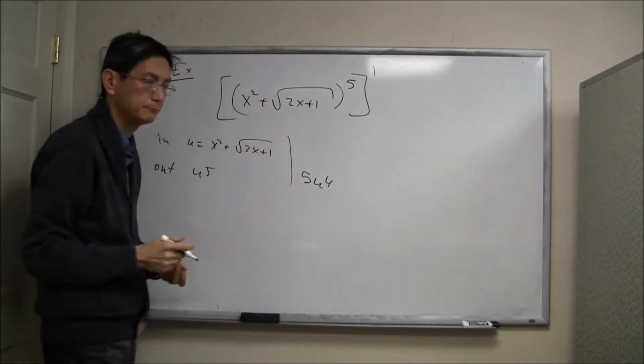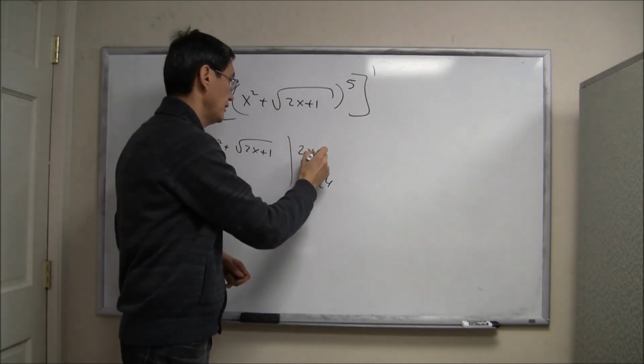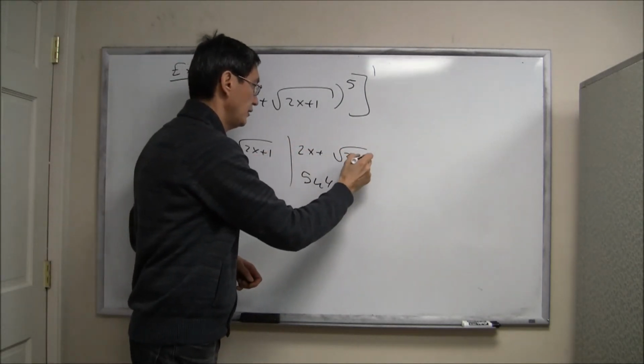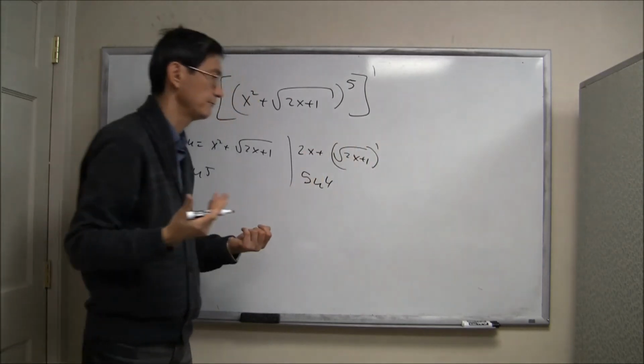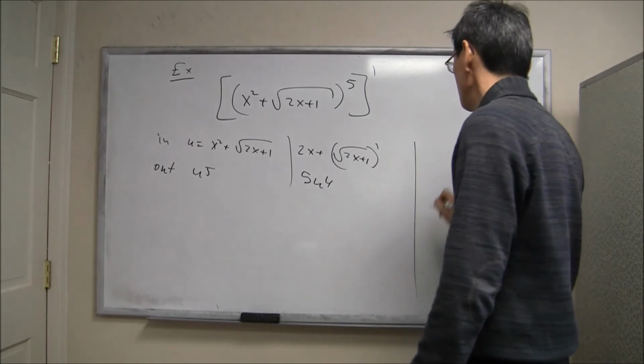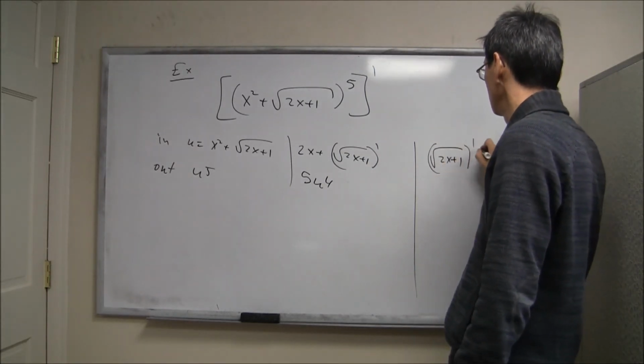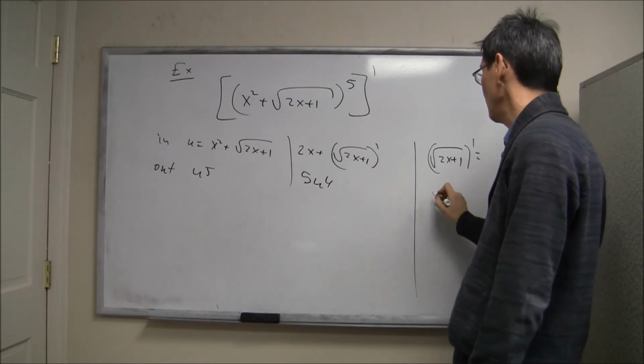5u to the 4th. Derivative inside, 2x plus, and we are stuck a little bit on derivative of square root of 2x plus 1. Okay, so I will do derivative of square root of 2x plus 1 on the side. Another chain rule.